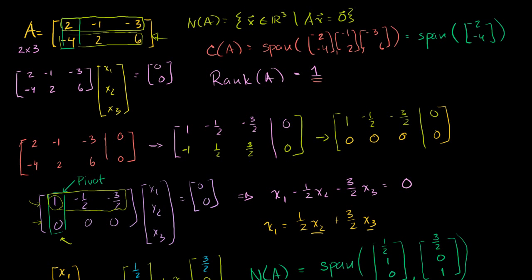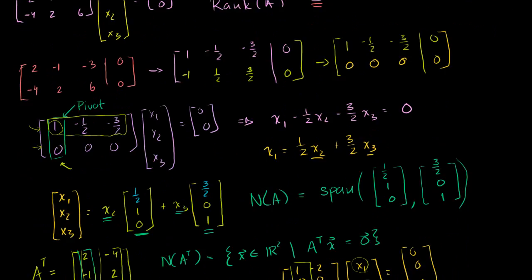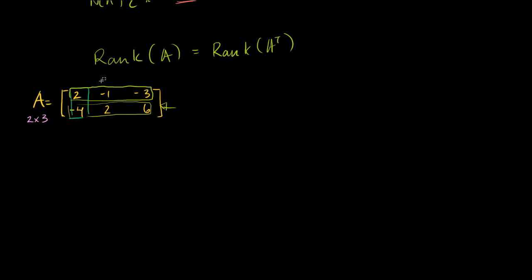It was the span of the R2 vector 2, 4. We copy that, bring it down, paste. This is the column space of A, equal to that right there.